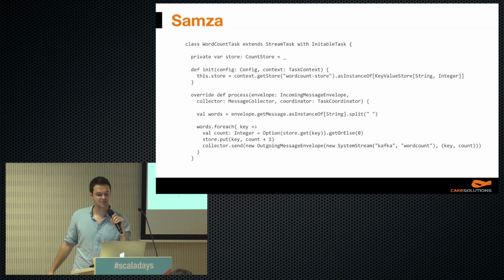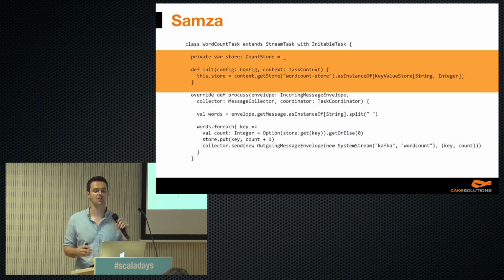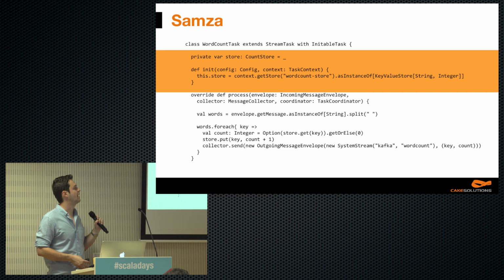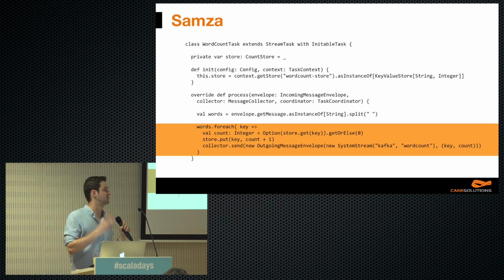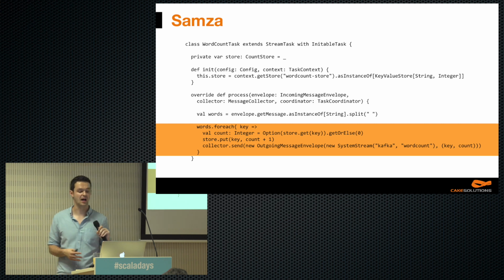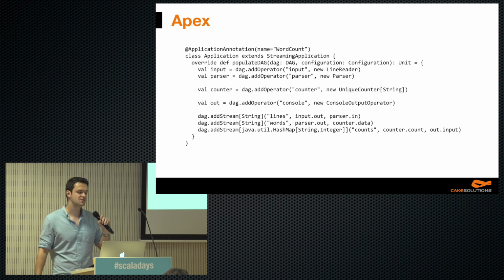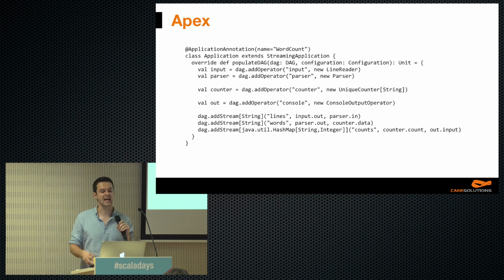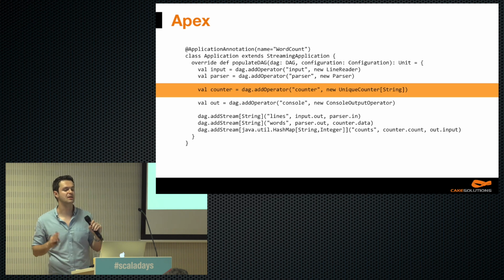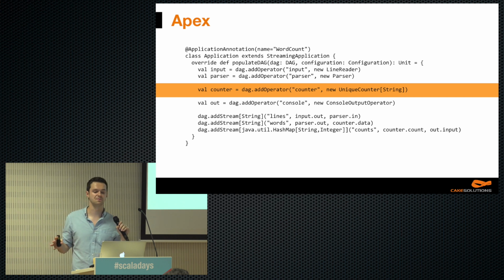So let's take a look at Samza. Firstly, we need to define our state. In this case, it's a key-value store, and we also have to define how it should be initialized. And then we can use it during computation. As you can see, it is pretty straightforward. Apex's snippet looks also similar to before. I have just added a counter, a building component for counting words received on its input port.